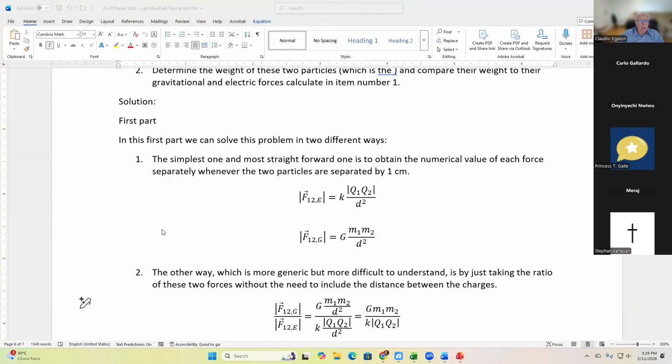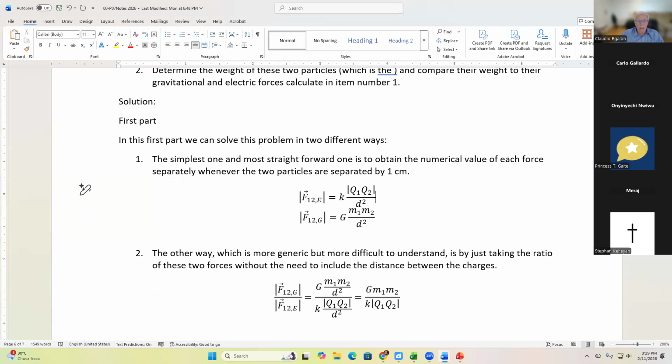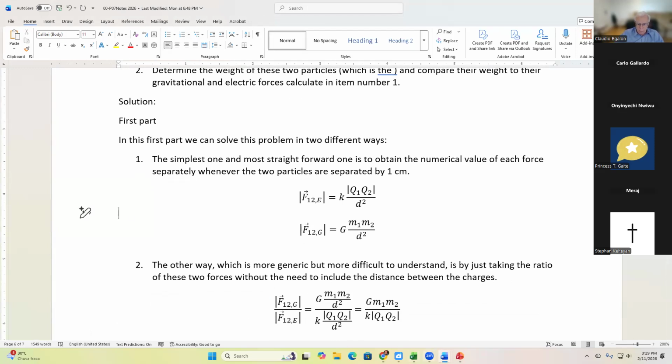Okay, I'm going to need my Excel spreadsheet to do that. Here we go, my spreadsheet. P07 roster, that's the one I want.